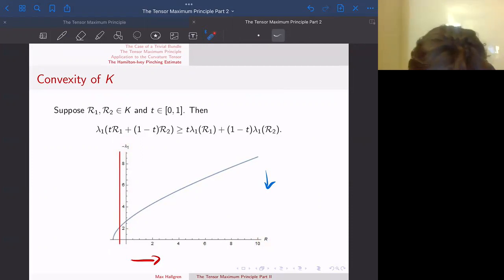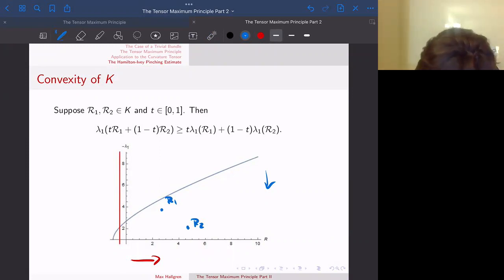So if we have a curvature tensor whose scalar curvature and first eigenvalue is here, this corresponds to R1, and here which corresponds to R2, then because the scalar curvature is just the trace, it's going to be linear.